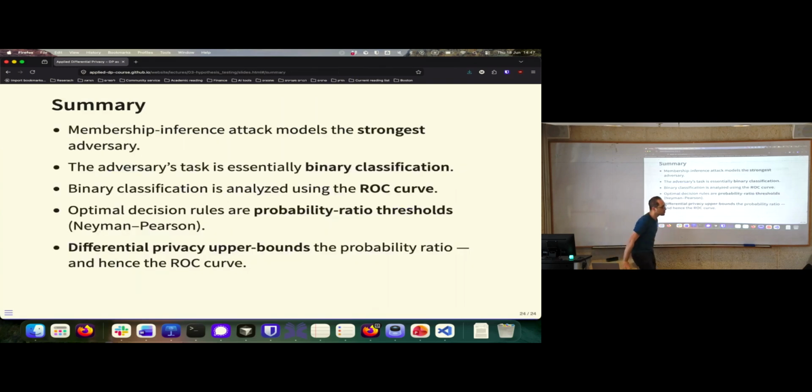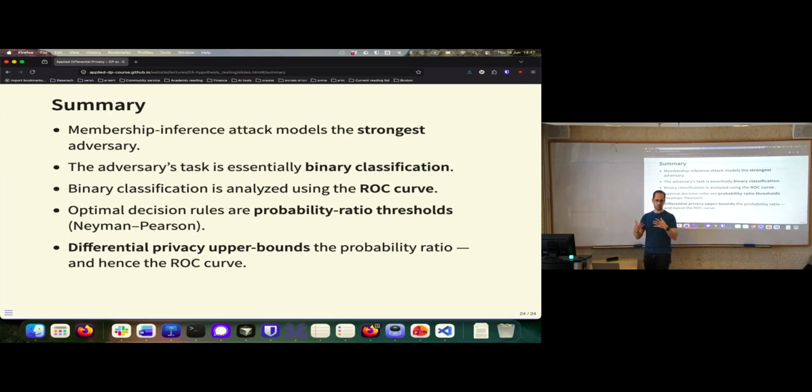Okay, so bottom line, what we saw in this lecture is that if we take the worst case perspective, which corresponds to the strongest adversary, the formalism that corresponds to this is what is called a membership inference attack.